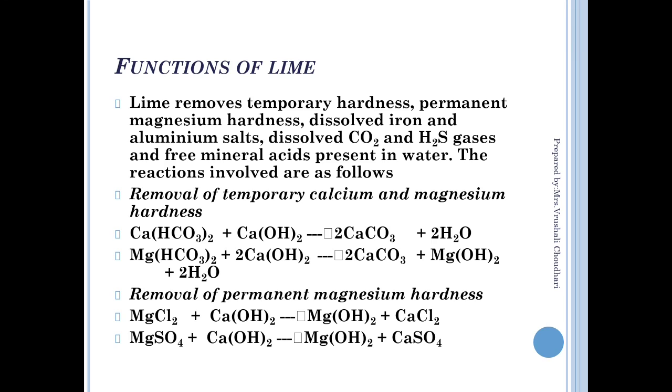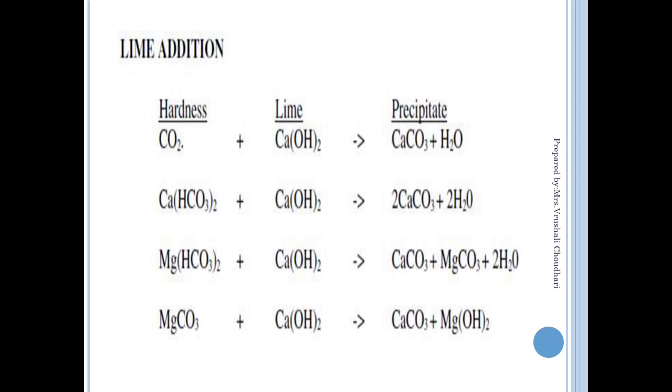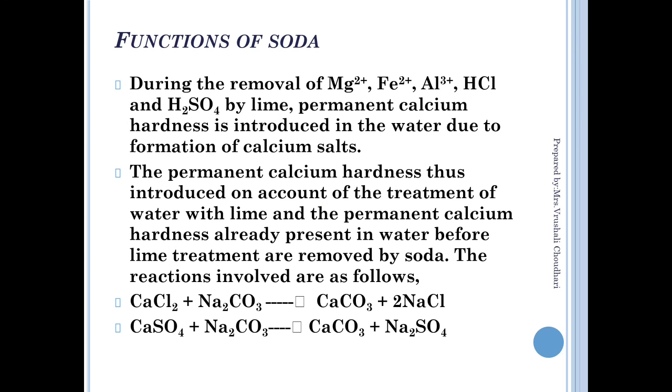In this reaction, we observe that calcium bicarbonate is a salt which produces hardness. When we add lime, it is converted into a precipitate, calcium carbonate, which settles down at the bottom and is removed by the filtration process.